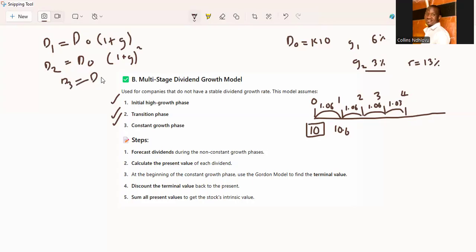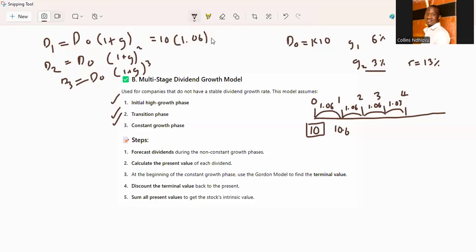D0 times 1 plus growth to the power what? The power 3. So here we're going to have 10 times 1.06 to the power 1.